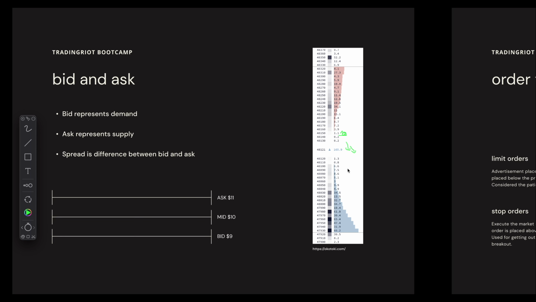But what is usually happening with these spoofers is that they will put a 100 lot here and people will start market selling, but they will actually start populating these bids somewhere around here below the price. So they put a 20 lot here, they put a 50 lot here, just a bigger size, which would be harder to fill without this basically.